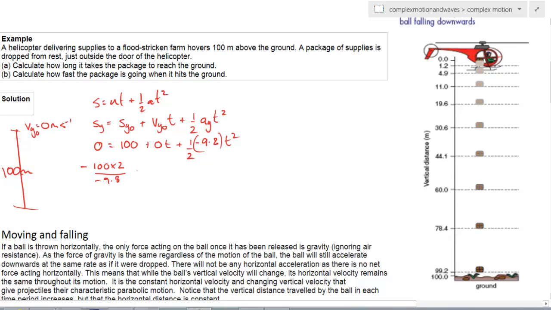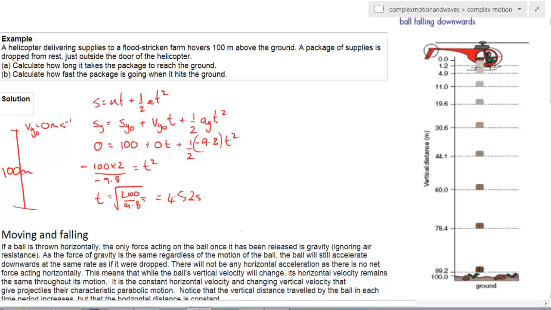So the negatives cancel out, which is important because we're left with a square on the other side. So if we square root that, 200 over 9.8 square root, we get an answer for the solution, which is 4.52 seconds. So that's the time that it takes to drop the 100 meters.